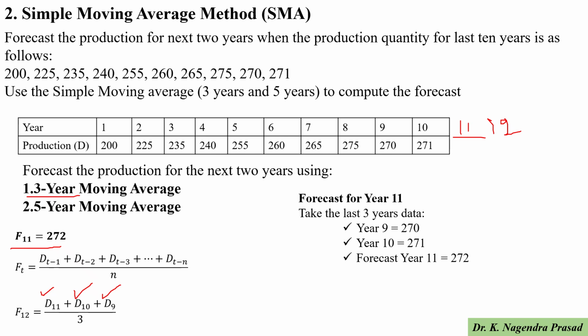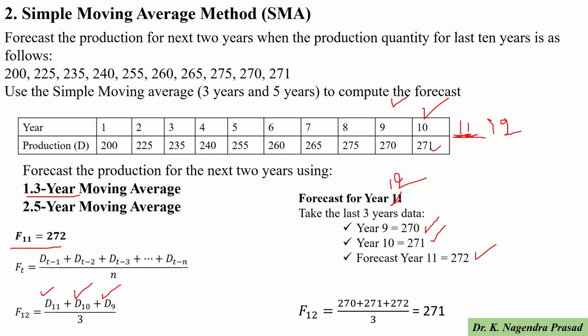For the forecast of year 12, we have to consider the last 3 years data: the 9th year, 10th year and for the 11th year we consider the forecasted value, that is 272. So 9th year demand is 270, 10th year demand is 271 and 11th year, not a demand value but the forecasted value, is 272.